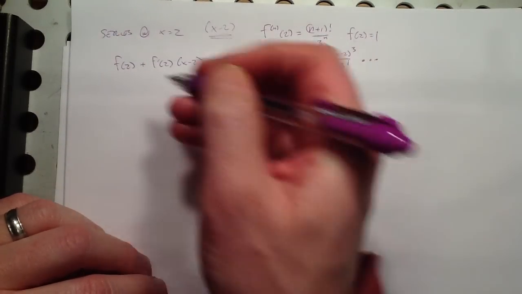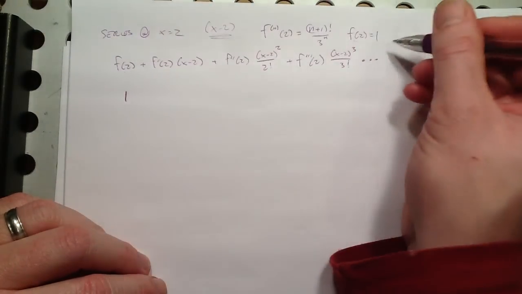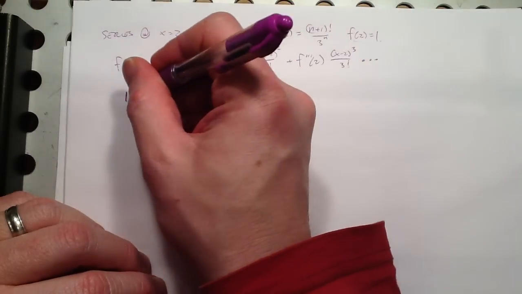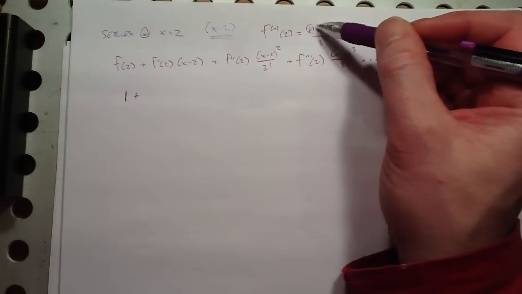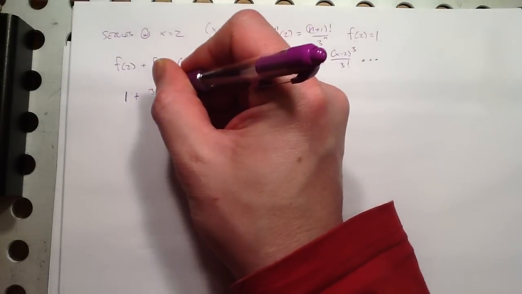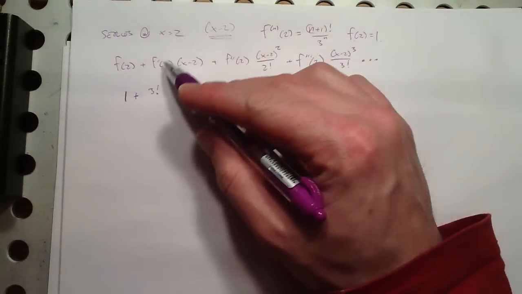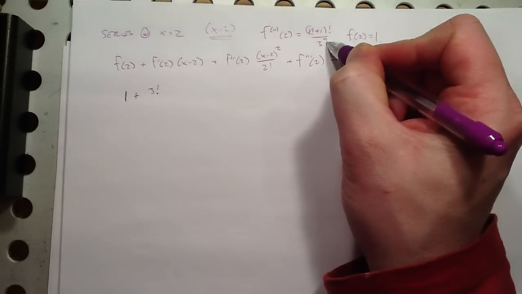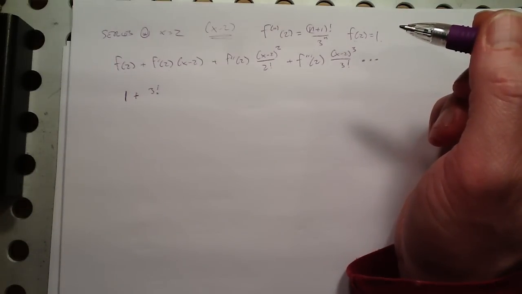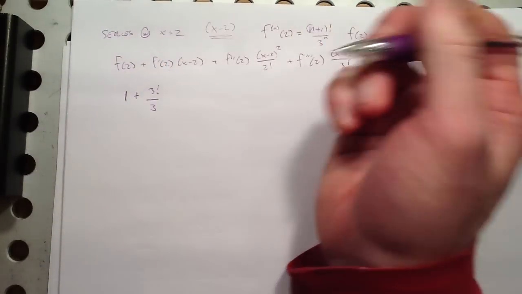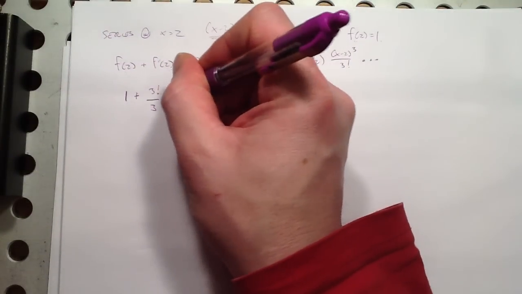Well, f of 2 is 1. They gave us that. Plus f prime of 2 is 2 plus 1, that's 3 factorial, over 3 to the n. This is the first derivative, so that's 3 to the 1 over 3 times x minus 2.